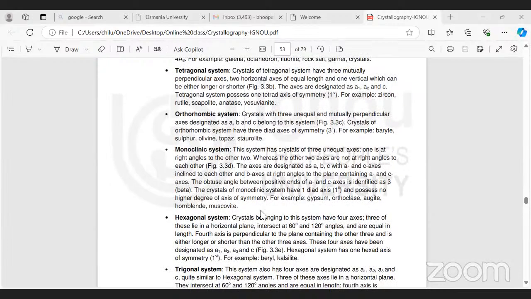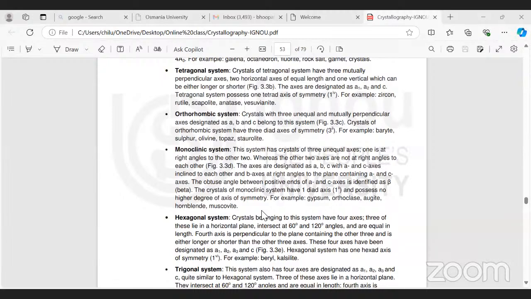So in the orthorhombic system, keep in your mind all the axes intersect at 90 degrees. Alpha equals beta equals gamma equals 90 degrees. But the lengths are different here: A axis, B axis, and C axis do not have equal lengths.